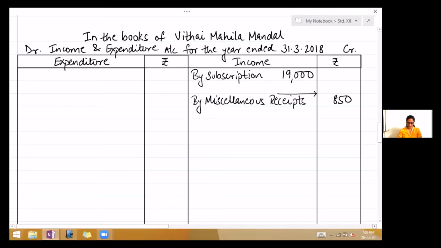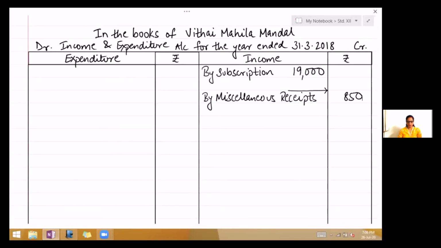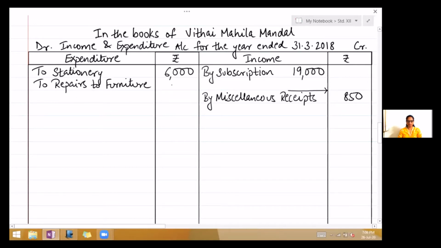Okay, payments. First is stationery. So this is an expenditure. So take the expenditure side, write to stationery 6,000. Repairs to furniture. So to repairs to furniture. Again expense, 950. It's by rent.